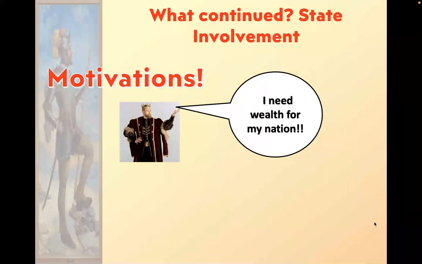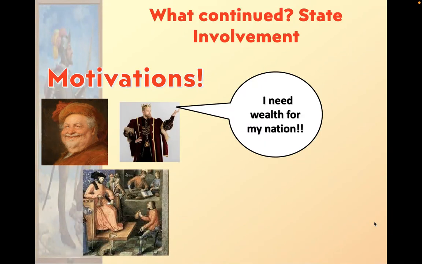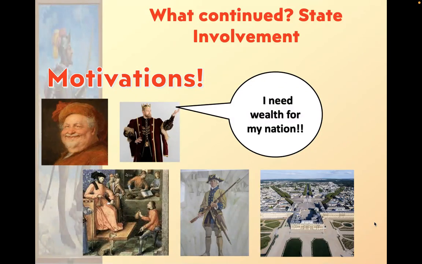They need wealth for their nation to be able to make their population, especially the upper class, happy, to pay for their bureaucracy, to pay for their army, and to purchase the gunpowder weapons, and finally build and maintain their palaces. So the wealth motive, not only to run the government, but also to please the population, was essentially a continuity during this entire time period.